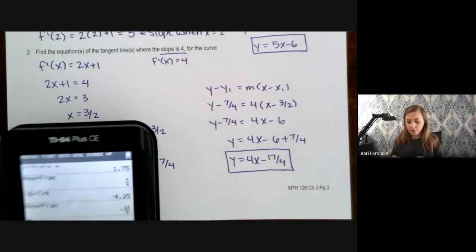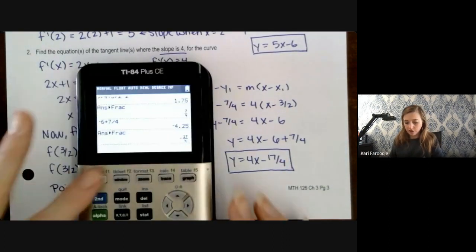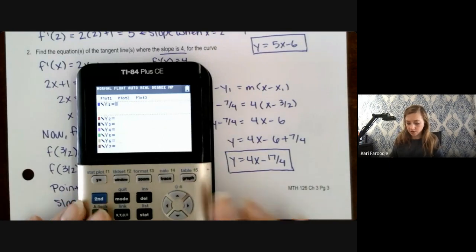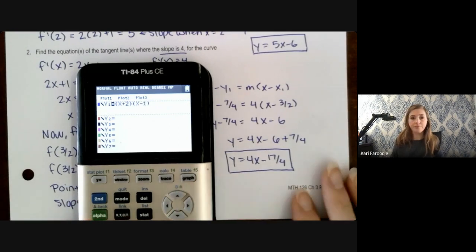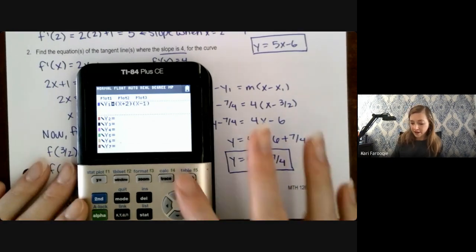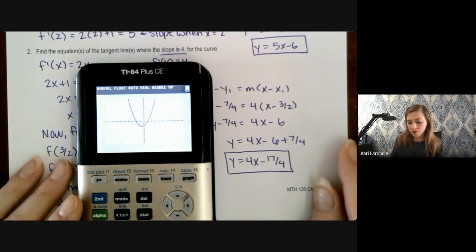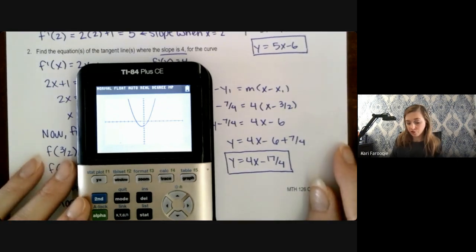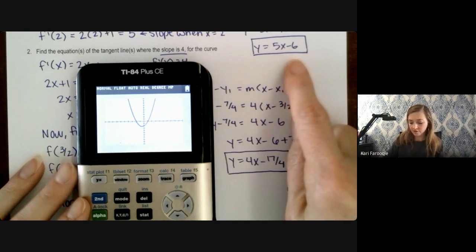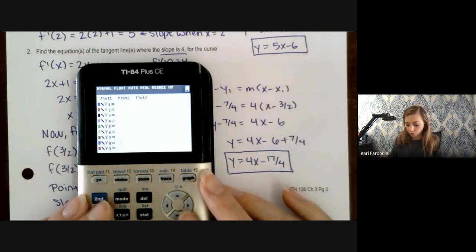So we can go ahead and put this function into our graphing calculators. I'm going to enter it the way that it was originally presented to us, which was x plus 2 times x minus 1. And then zoom 6 to zoom standard. First of all, if you wanted to see the equation for the tangent line at the point (2, 4), we had that as 5x minus 6. Whoops.